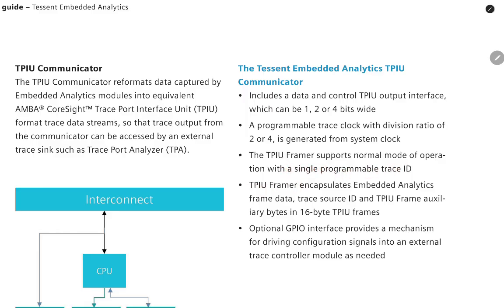The TPIU framer encapsulates embedded analytics frame data, trace source ID, and TPIU frame auxiliary byte in 16-byte TPIU frames. Optional GPIO interfaces provide a mechanism to provide a configuration signal into an external trace control module as needed.